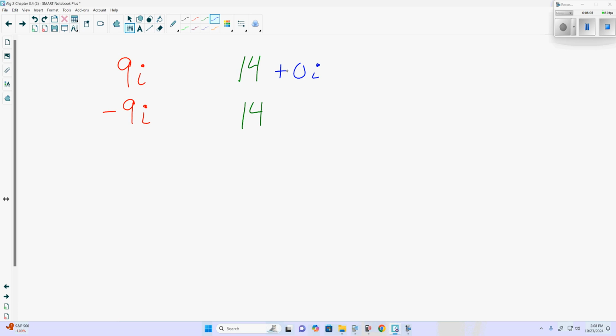Which means its complex conjugate would be 14 minus 0i. So the complex conjugate of 14 is 14, because we're only changing the sign in front of i. I just throw those in so that we can see it does still work with both. If we just have a real number, it doesn't change it because it's still the real number. But this also means that I can write any number as a complex number, because we can always add 0i to any number and it's now a complex number.